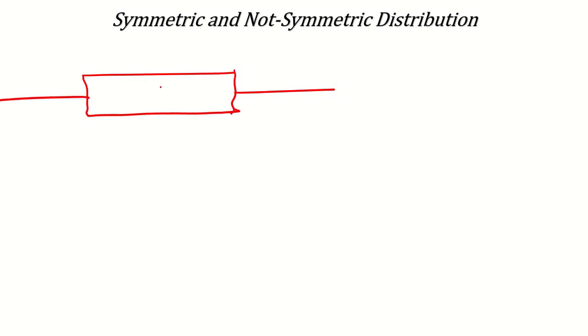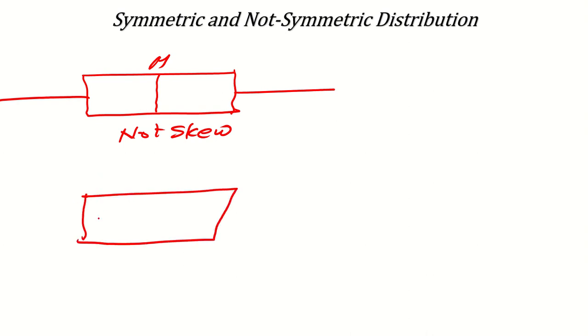okay, and if median is in the middle, this is the median line I told you before also. If median is in the middle, then it is called symmetric or not skew. Okay, and if it is in the left side, just only I will draw the box. Okay, if median is towards the first quartile, then it is called right skew.